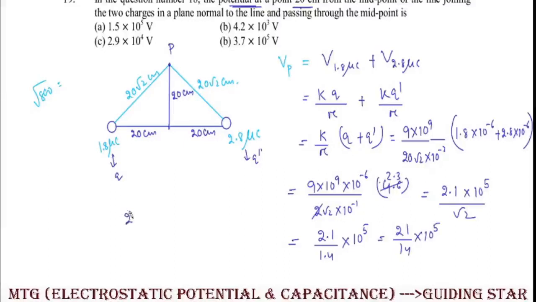So if we divide 21 by 14, 14 ones are 14, so it will be 7, then decimal, so it will be 1.5 into 10 to the power 5. So net potential at point P will be 1.5 into 10 to the power 5 volt. So option A is the correct one, so the rest others should be wrong.